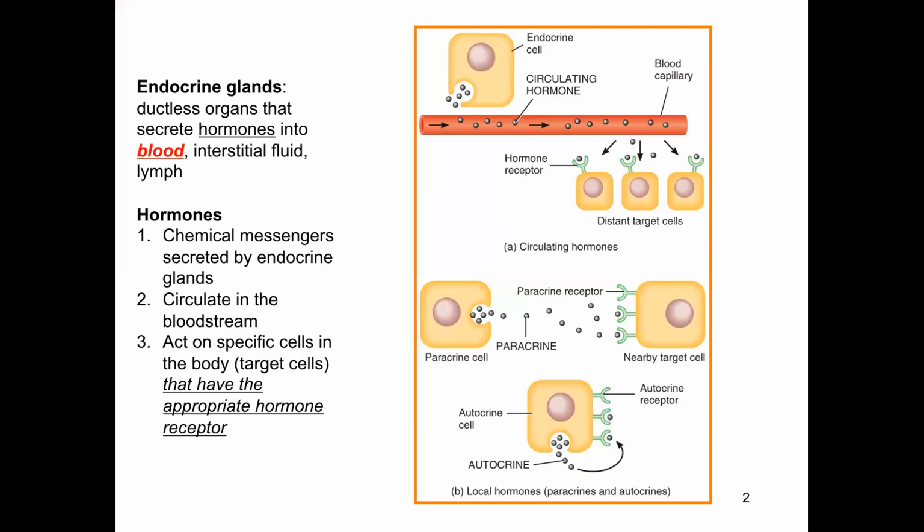They're not going into a lumen or onto a surface. And then autocrine: sometimes cells stimulate themselves this way, and cancer cells do this a lot, meaning the cell self-stimulates. But what we're talking about is the traditional way of thinking about chemical messengers that go out into the blood.